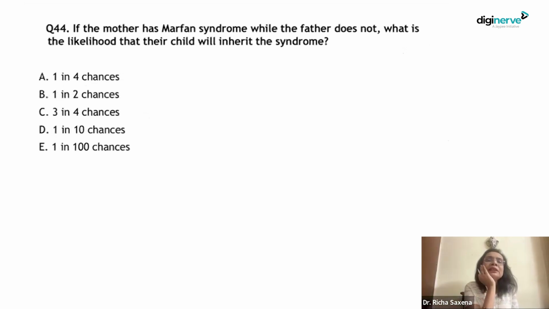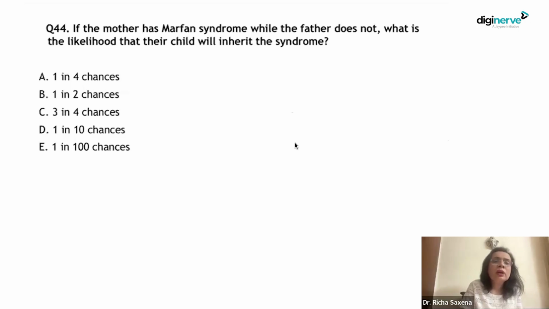Now, if the mother has Marfan syndrome and the father does not, what is the likelihood that their child will inherit the syndrome? What kind of inheritance is with Marfan syndrome? Marfan syndrome is autosomal dominant, right?